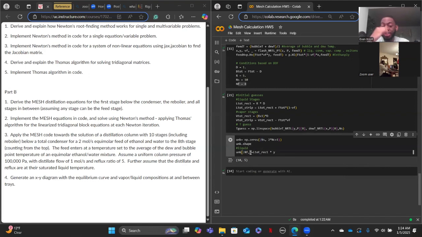And then we want to capture this by every two lines. It's 10 by 5, so we have 10 rows and 5 columns. The 5 columns capture one, then two, it's kind of like 2 2 1. So it's capturing the vapor compositions, the vapor liquid compositions.